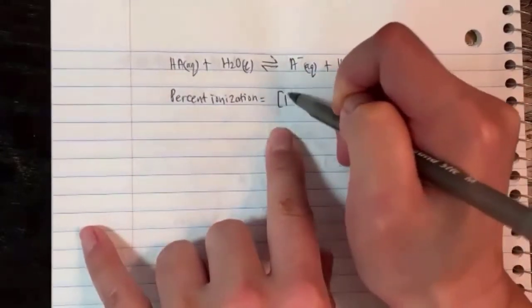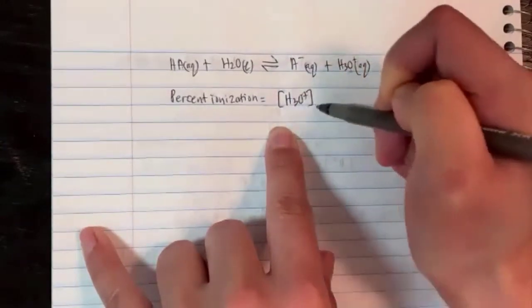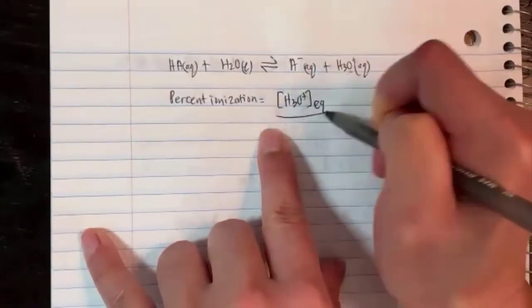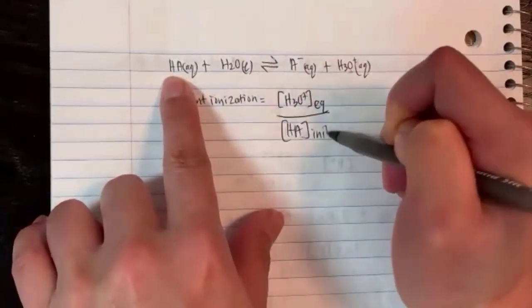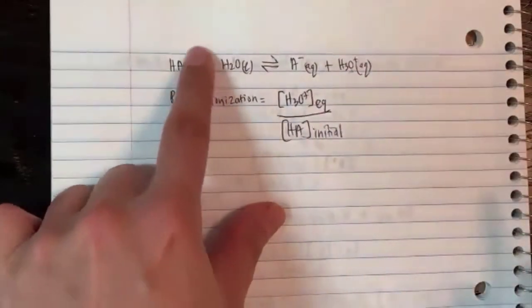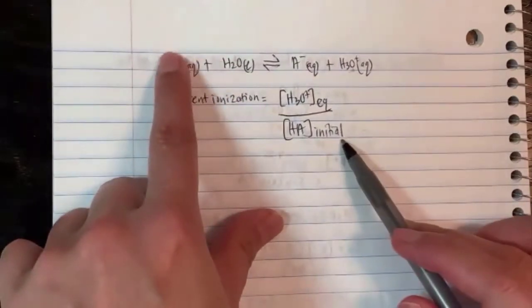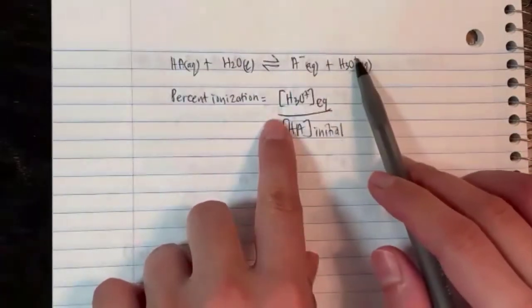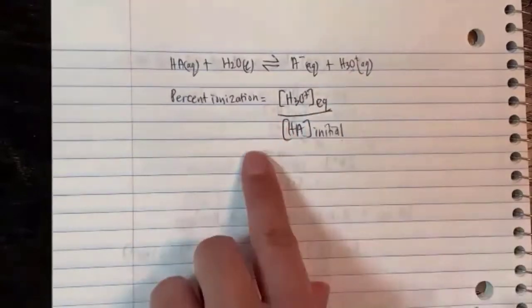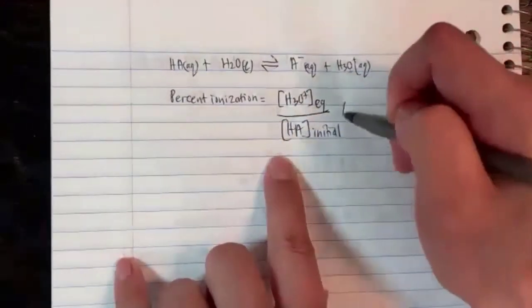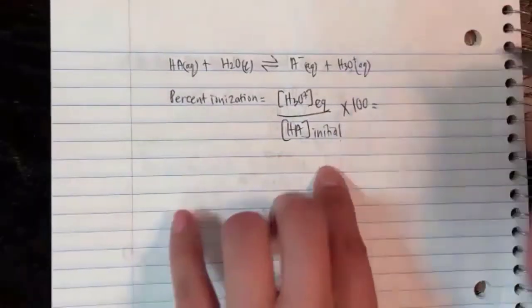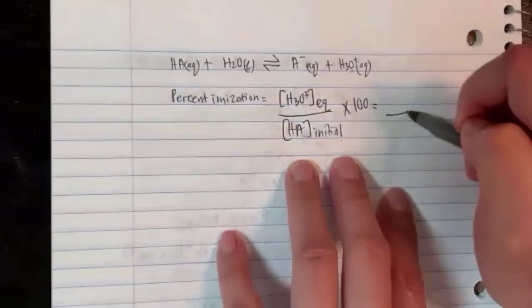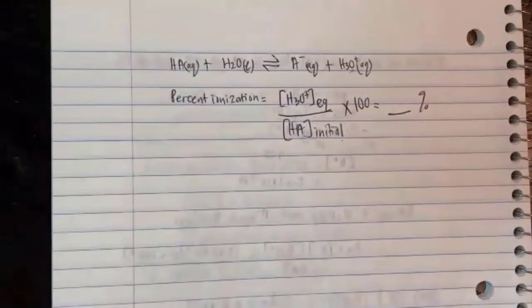The formula is H3O concentration at equilibrium divided by HA initial, because in the beginning it wasn't split up yet, so that's the initial. And then after it splits up, after it reaches equilibrium, that value goes there. So that tells you the percent ionization. If you want a percent, that's why we multiply by 100, and that will give you a percent ionization.